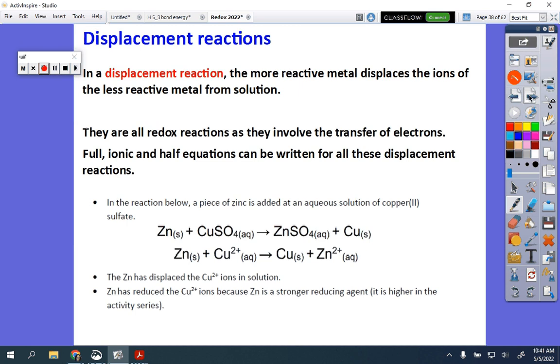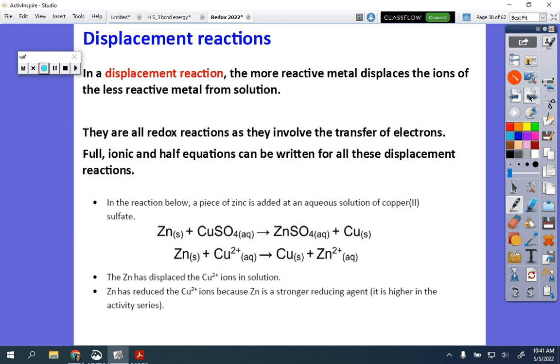Okay, so there's a type of reaction called a displacement or replacement reaction, sometimes specifically called a single displacement or single replacement reaction. You may remember those terms from honors chemistry. This is where a more reactive metal, we're going to talk about the metal version first, displaces the less reactive metal.